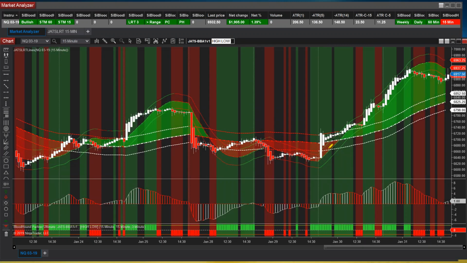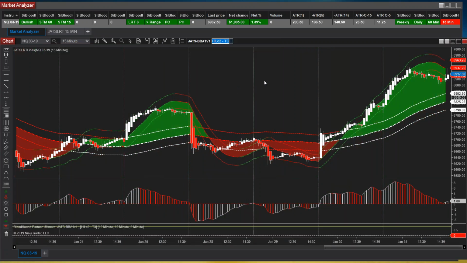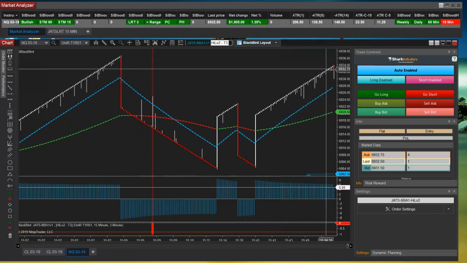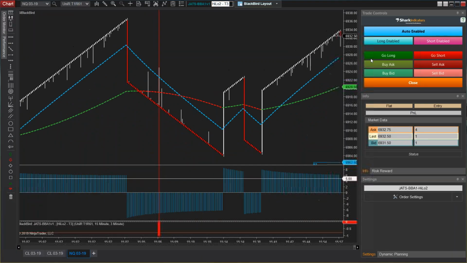So again, this will be a nice little template to be able to set some signals to execute on these lines, on these levels that we can get off of these templates on the indicators. So that'll be good. The other template is the high-low 2, 3, and that is on this other chart. We will use a separate chart for that because the template is so different.